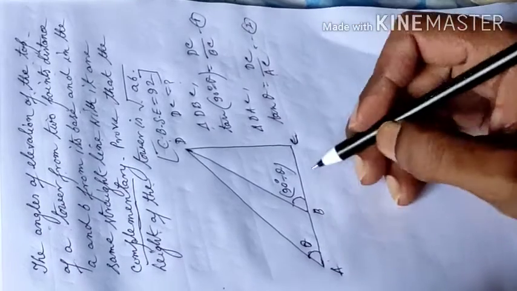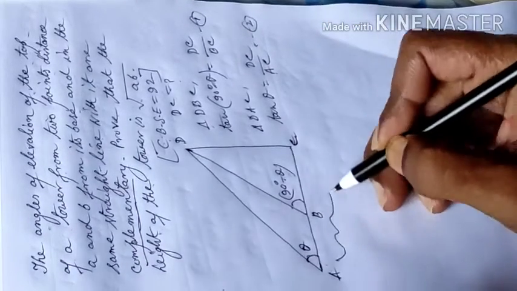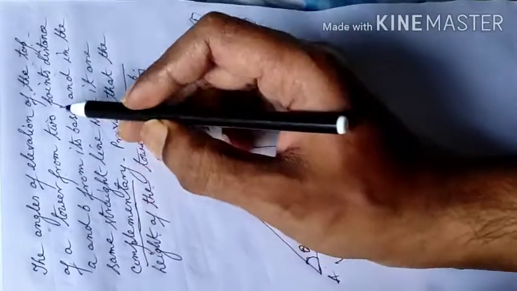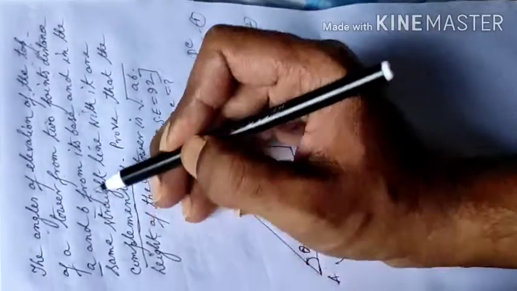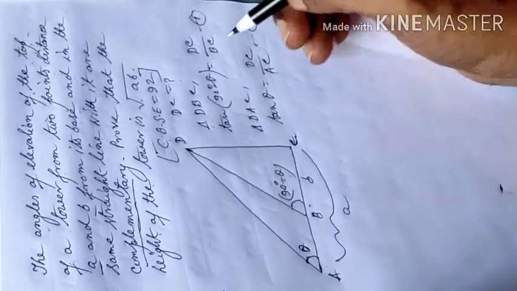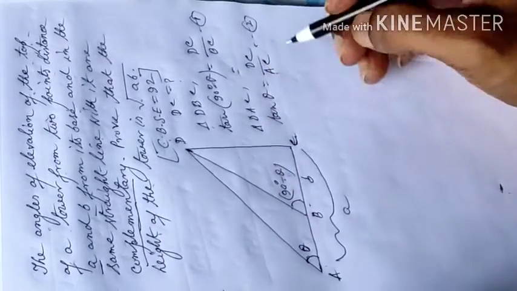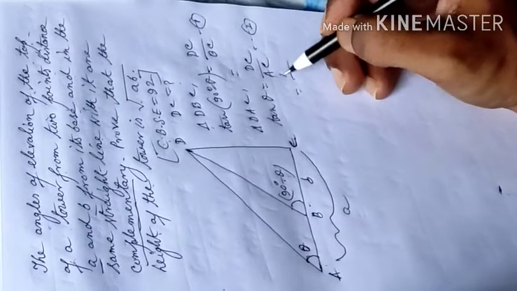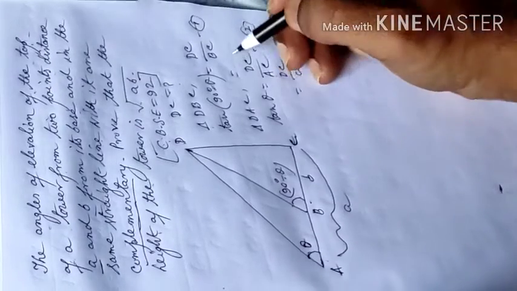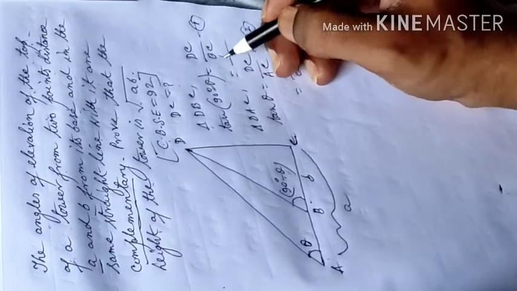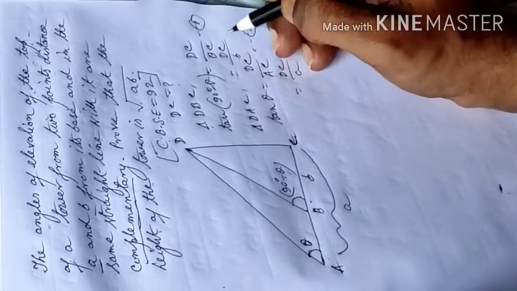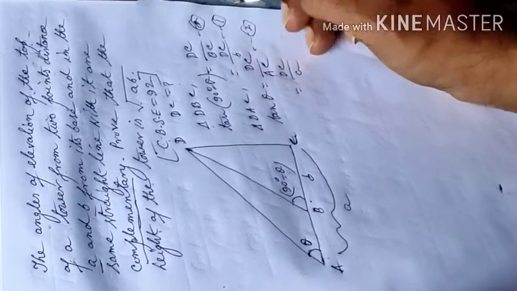Suppose the two points are at distances A and B from the base, that is AC is equal to A, so DC by AC, and BC is equal to B, so DC by BC.